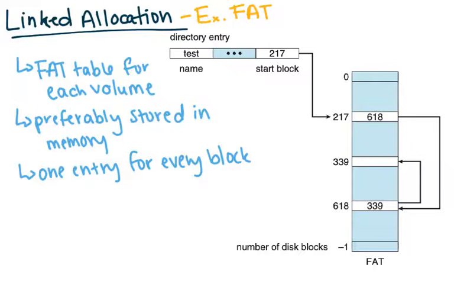FAT is a variation of the linked allocation, which actually does allow for direct access. What happens here is that there's a FAT table for each volume, and preferably this is stored in memory, and it has one entry for every block. Your directory entry, your file name, will have a start block, and the start block will have a pointer to the next block and the next block and the next block.